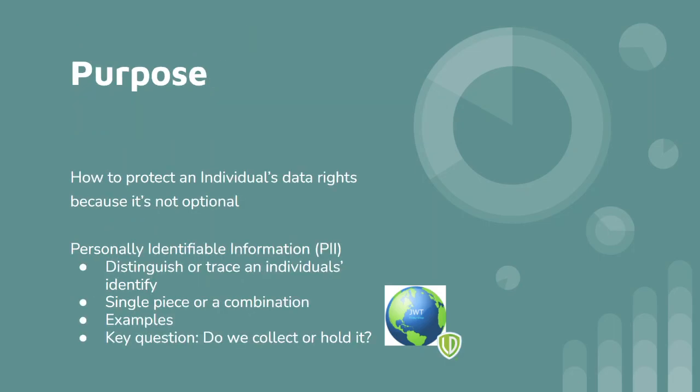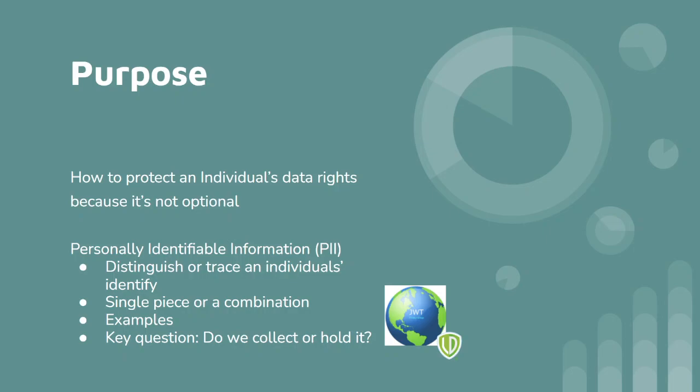So let's start with purpose. We are here to talk about how to protect an individual's data rights, because it's not optional. So what are we actually talking about protecting? We're talking about personally identifiable information, or PII. That is information that can be used to distinguish or trace an individual's identity.